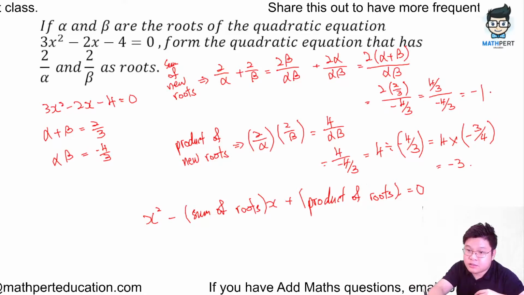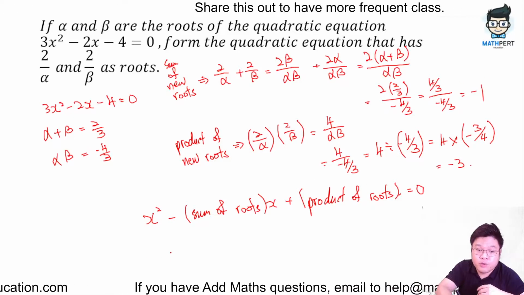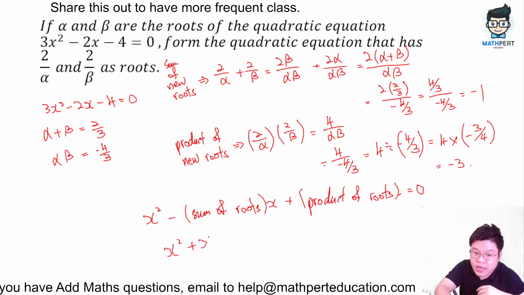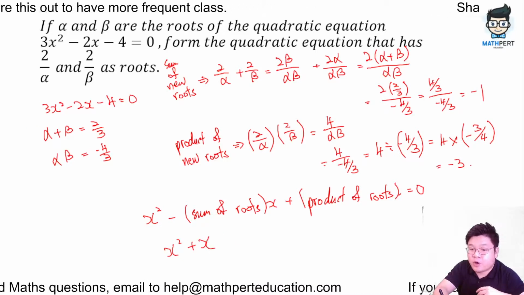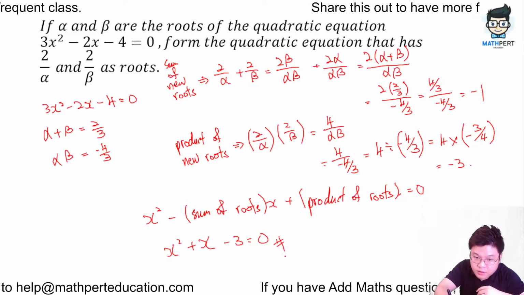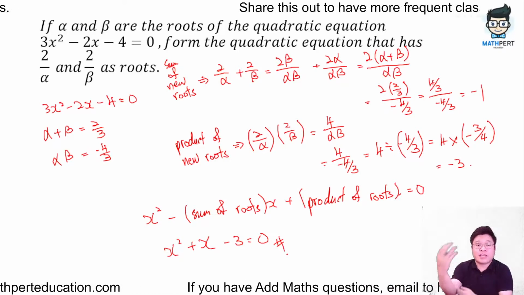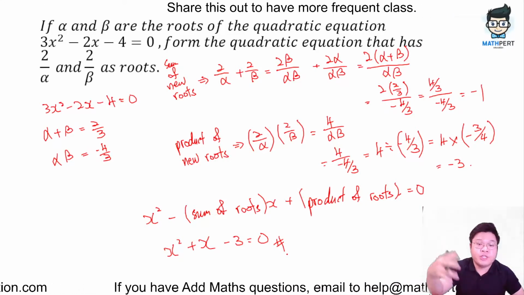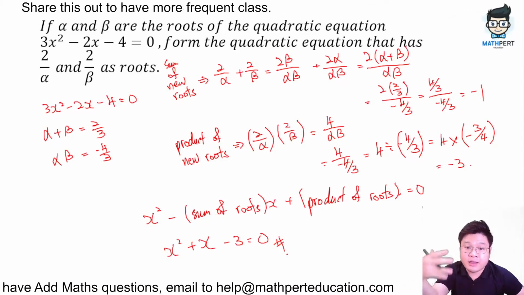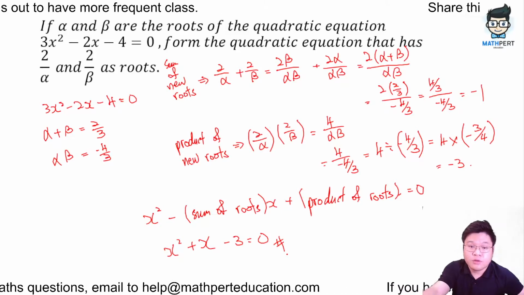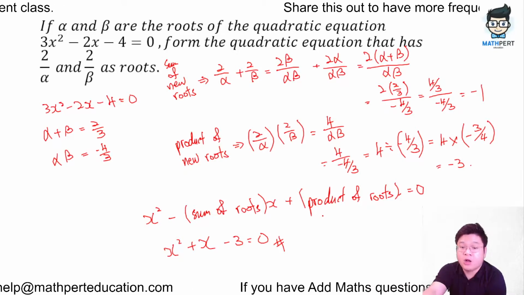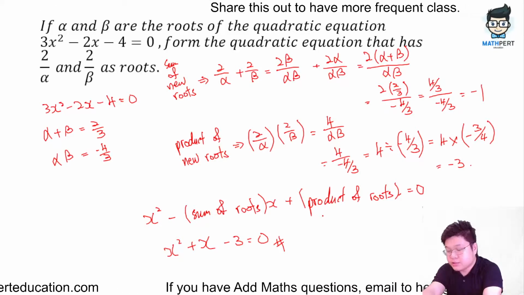The new sum of roots is negative 1, so it will be x squared, negative 1 becomes positive 1x, which is x, plus product of roots. The product of roots is negative 3, so it's minus 3. So this is how you solve this kind of question. Find the original roots for the given quadratic equation. Then for the new roots, find the sum and the product of new roots. Then you can generate your quadratic equation.